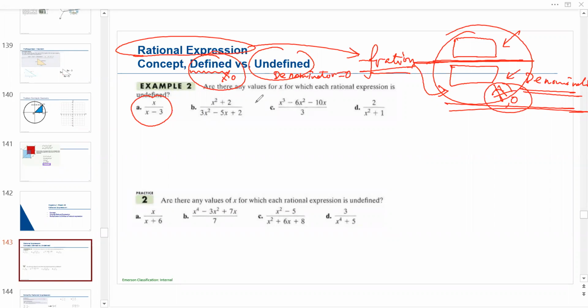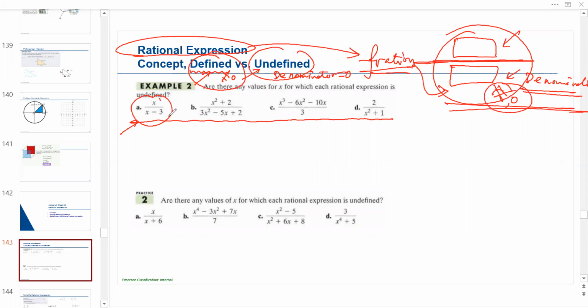So here is a quick question. Here are several rational expressions. You can see they are made of a numerator and denominator, right? We want to find out whether they are defined or undefined. When they are undefined, it means their denominator is equal to 0.